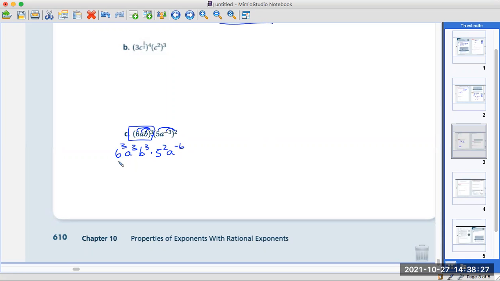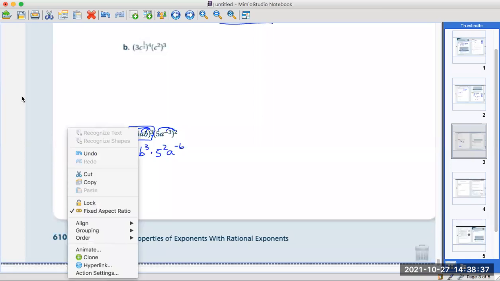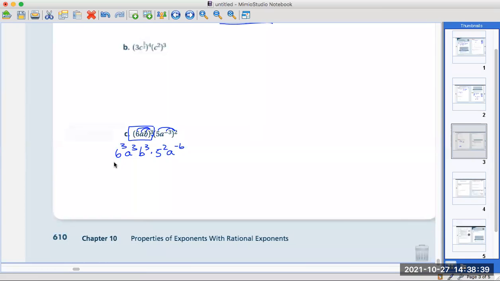6 cubed, 6 times 6 times 6, 36 times 6 is 216. I'm going to make that number red because it's what's called a coefficient.